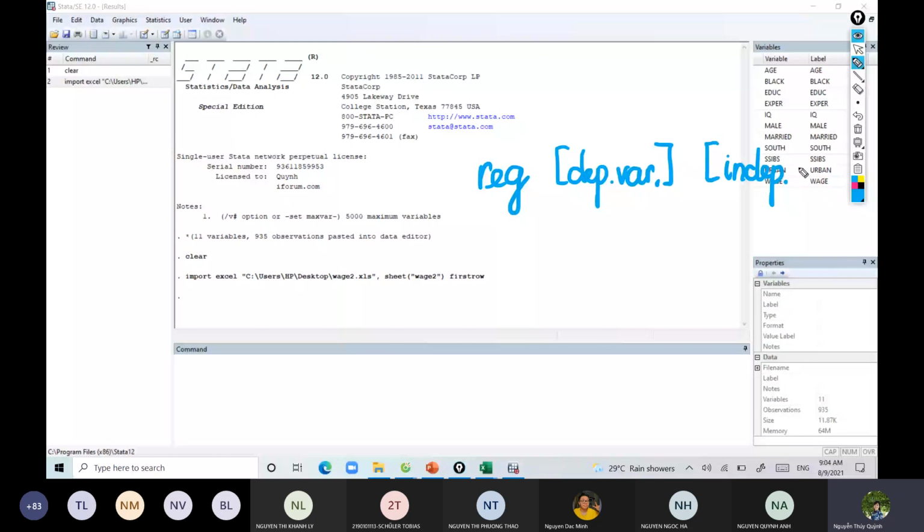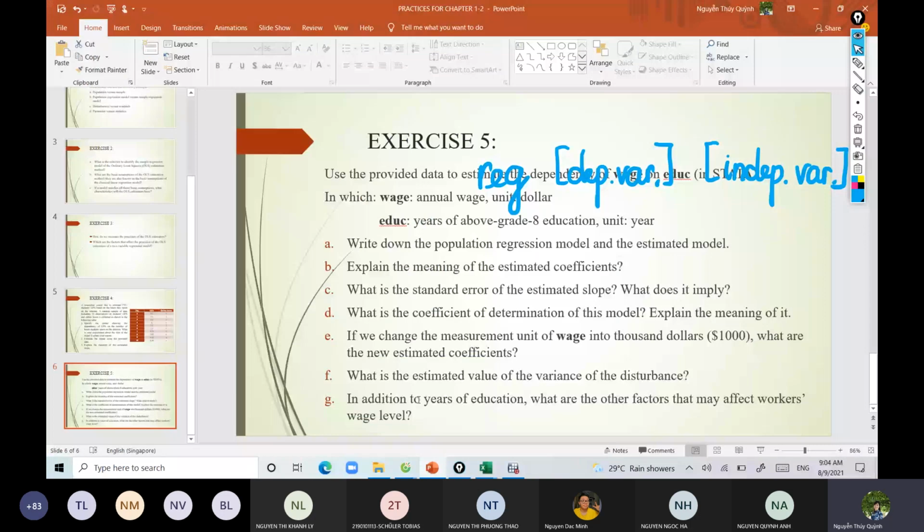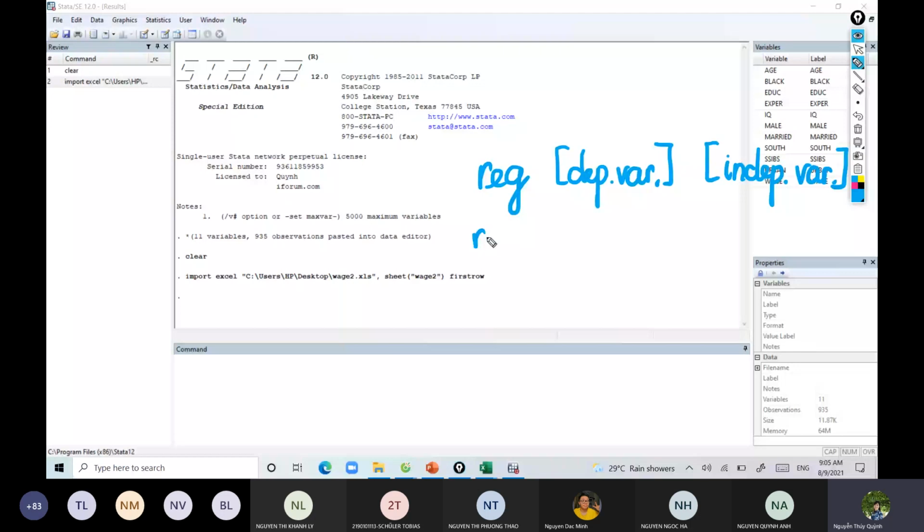So here, for exercise 5, we want to regress weight on the years of education. Then we will use the command reg weight space edu. Now let's try it.